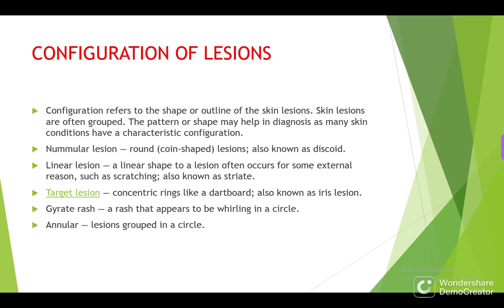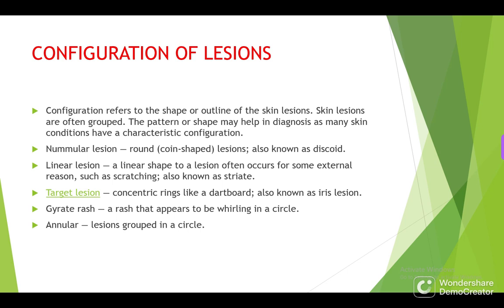Numular lesions are round or coin shaped lesions, also known as discoid. Discoid means one side is concave and the other side is convex, or both convex. Linear lesion: a linear shape to a lesion often occurs from external reasons such as scratching, also known as striae.